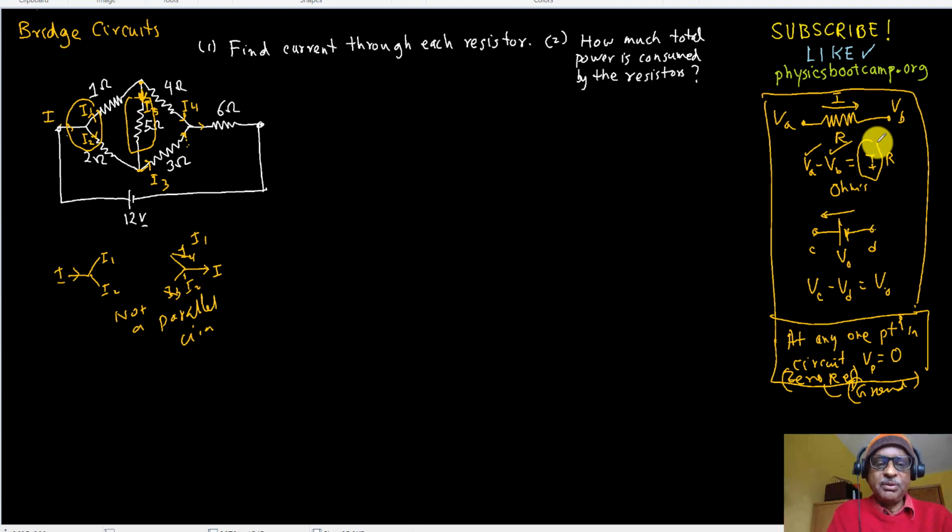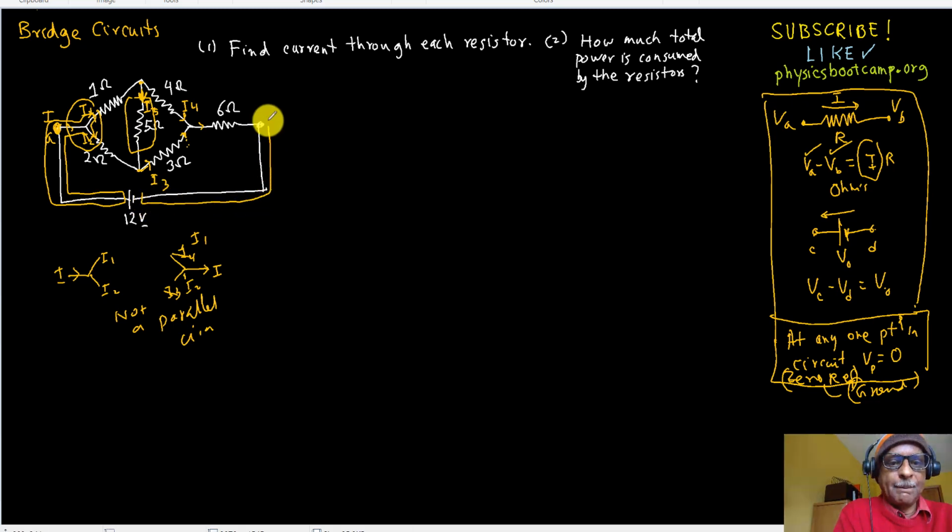So how do I set it up? Well, let's see. We are going to label points. All these points are at one potential, and we'll call that point A, and all the points on the other side, until I hit a resistor, we'll call point B. These are just connecting wires, and we are assuming there is no resistance in them.